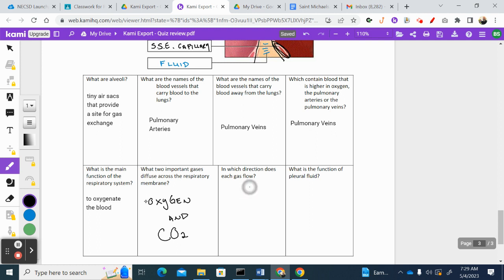Well, we could draw this. So let's draw the cells that divide the alveolus and the blood, right?